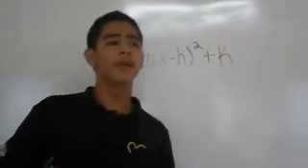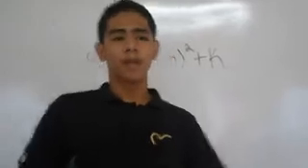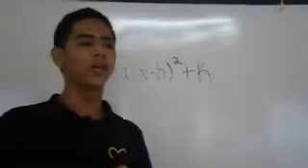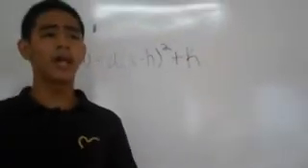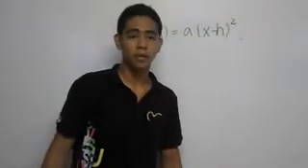The vertex of a parabola is determined from the quadratic function of the graph, f of x equals a times x minus h squared plus k, where h and k are real numbers. The direction of opening is indicated by a.